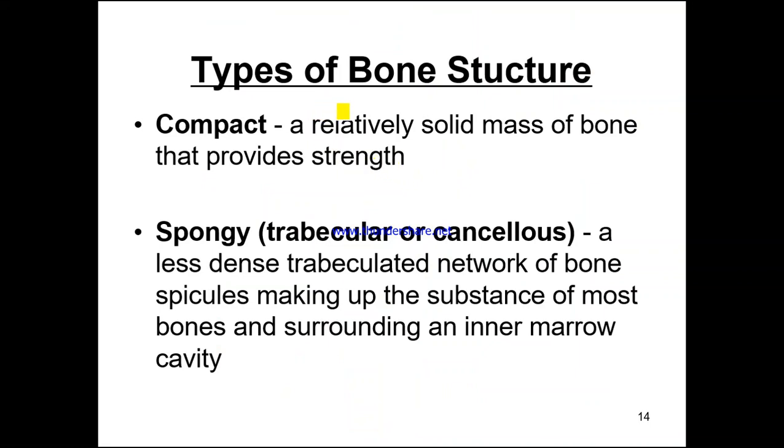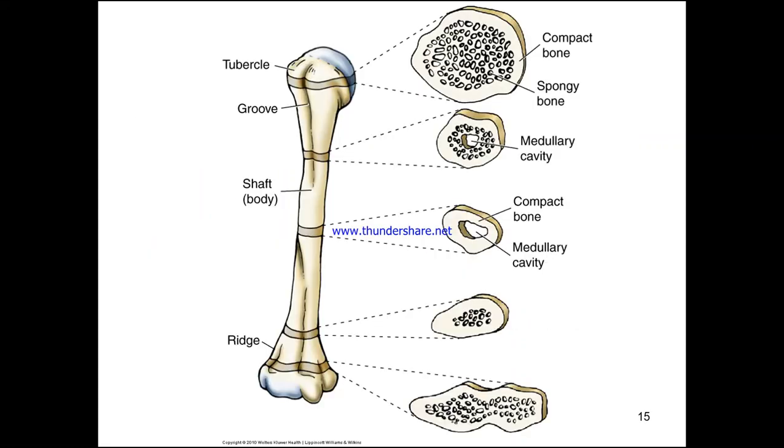We also have different types of bone structure. We have something called compact bone and spongy bone. Compact bone is a relatively solid mass of bone, and it provides strength and support. Spongy bone, trabecular or cancellous, is a less dense trabeculated network of bone spicules making up the substance of most of the bones and surrounding an inner marrow cavity.